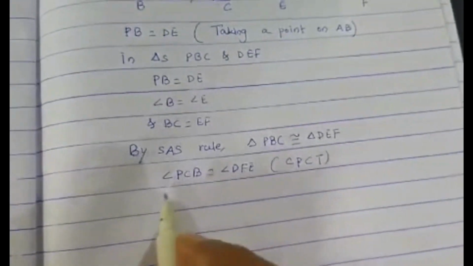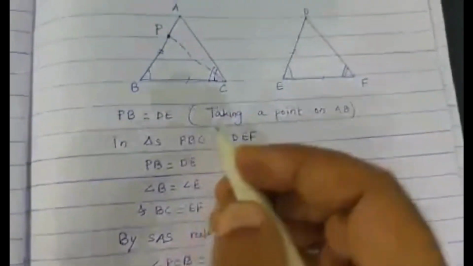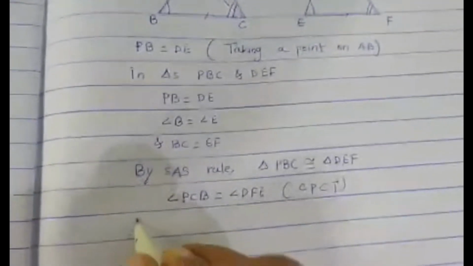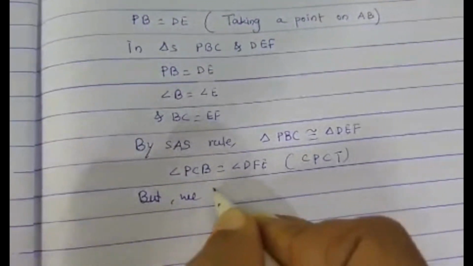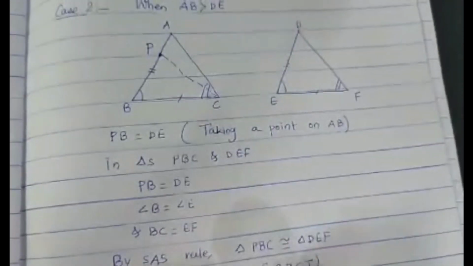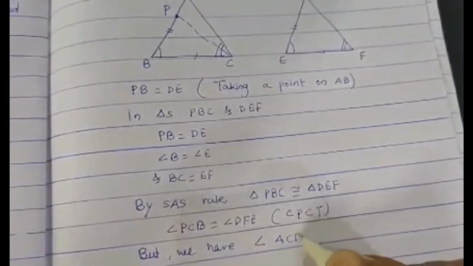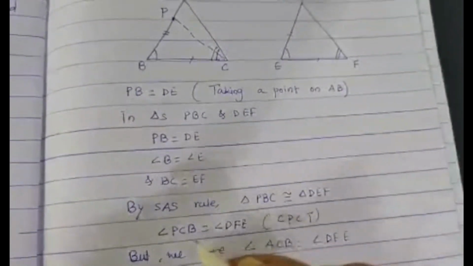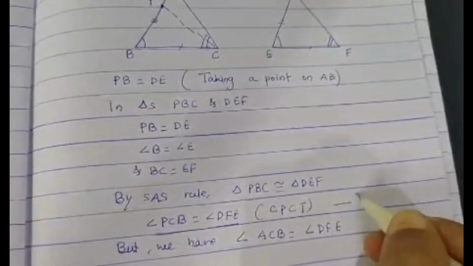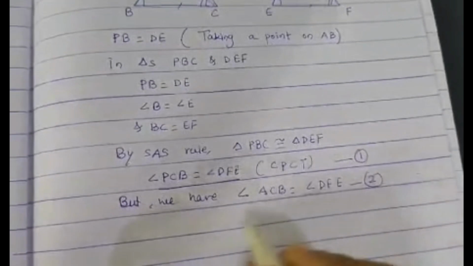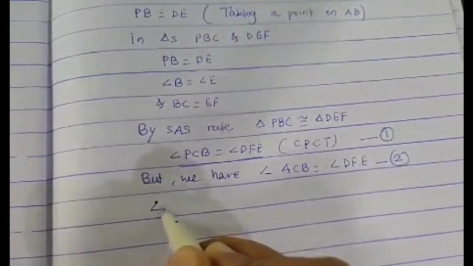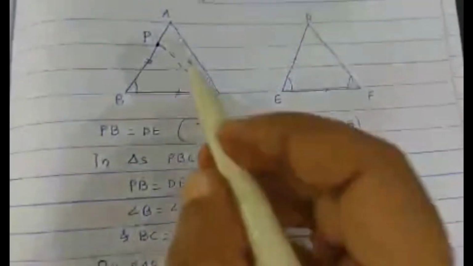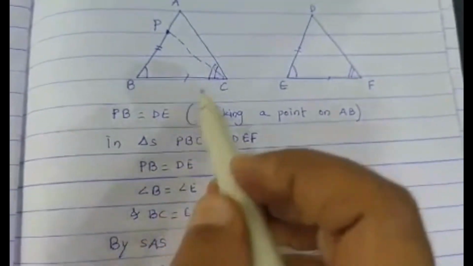But we have been given that angle ACB is equal to angle DFE. So from here angle PCB equal to DFE, let us suppose this is 1, and from here angle ACB equal to DFE. So we can conclude that angle PCB is equal to angle ACB.